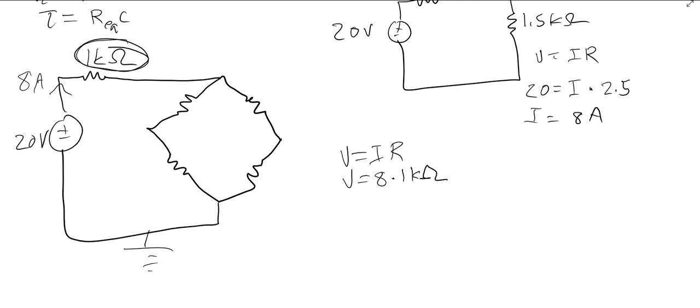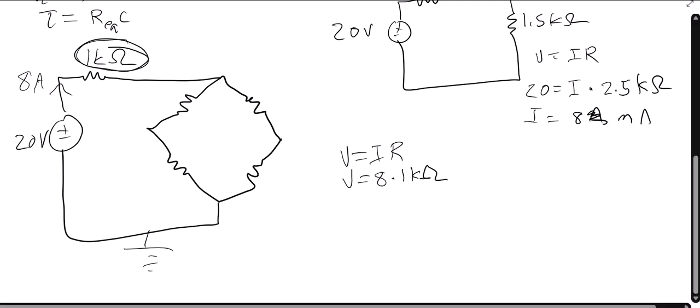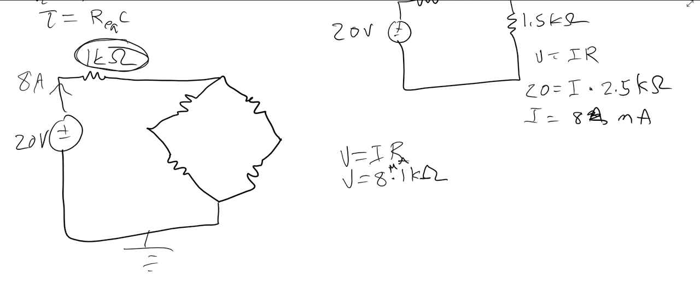Yeah, that was 2.5 kilo ohms, so this is 8 milliamps. Those are kilo ohms, this is milliamps. So 8 milliamps times 1 kilo ohm is 8 volts. So that means that after going across this resistor, we've dropped 8 volts. So that means the voltage right here is now 12 volts.